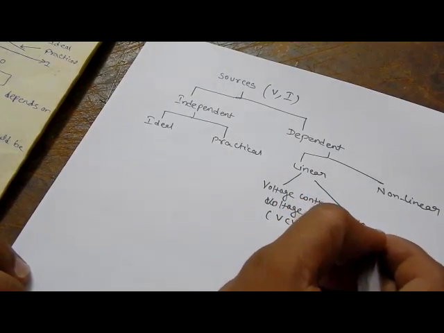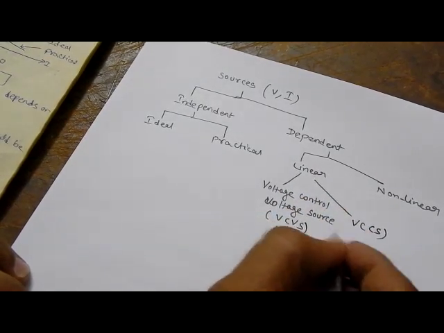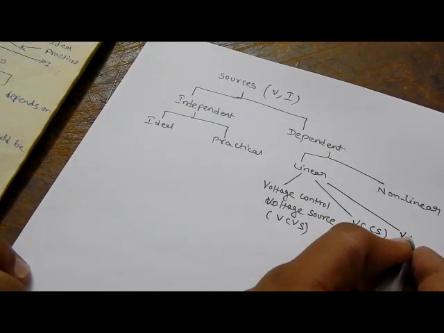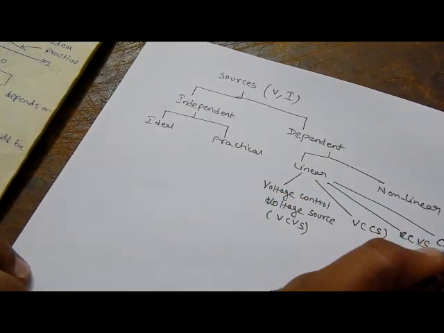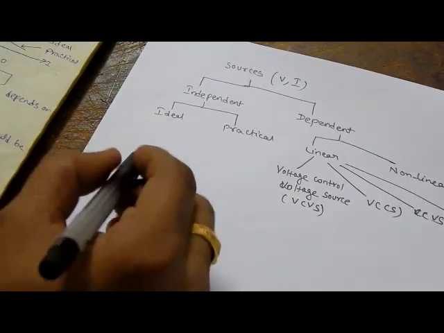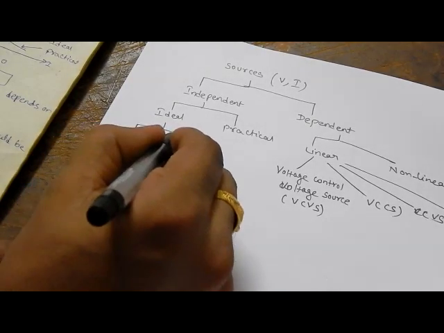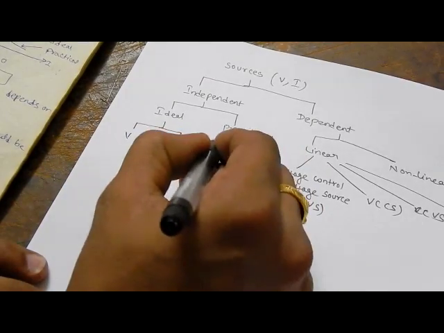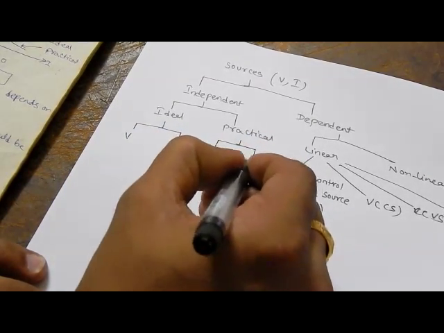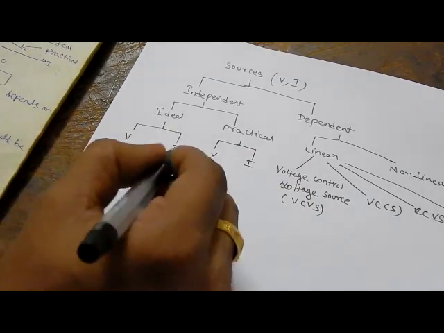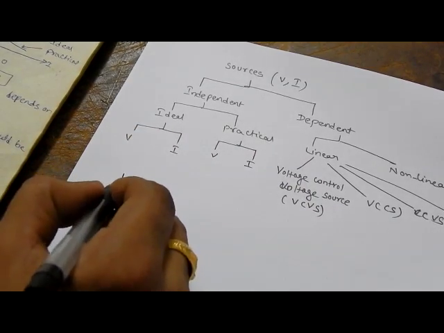Similarly, voltage controlled current source, current controlled voltage source, and current controlled current source. First of all, going to the ideal, you are having voltage source as well as current source. Practical: voltage source, current source. In nature we are not having any ideal sources.